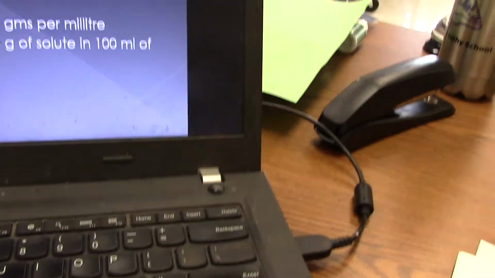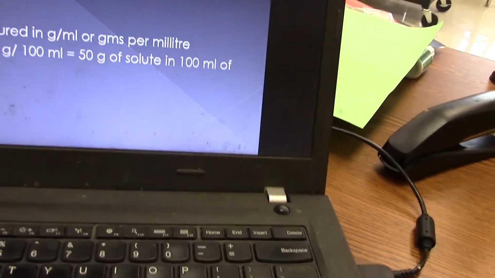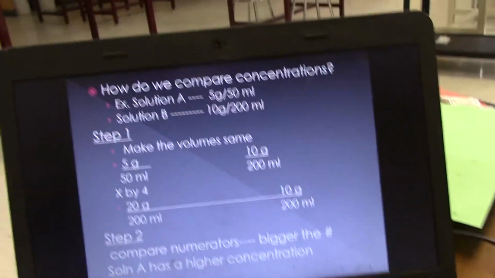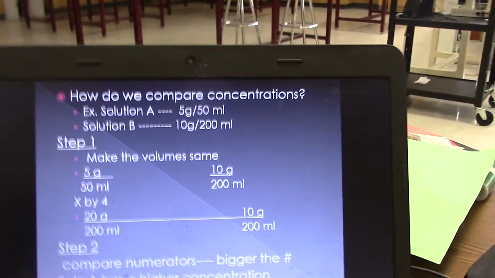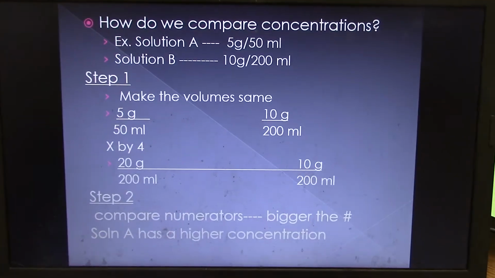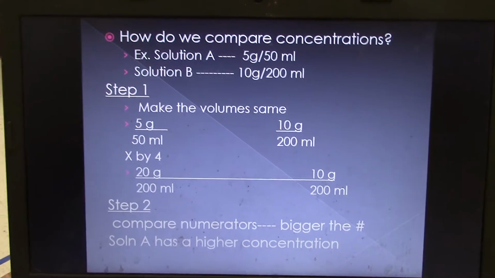And we can obviously compare concentrations. So how do we compare concentrations? We have a 5 gram per 50 ml solution and a 10 gram per 200 ml solution.